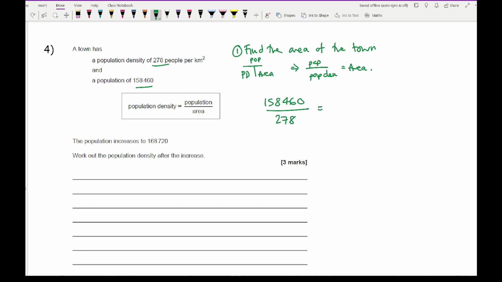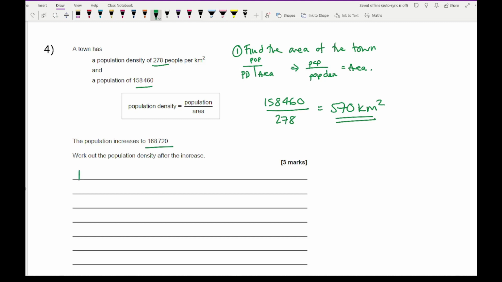If I type that into my calculator, 158,460 divided by 278, I get 570. So the area of the town is 570 kilometers squared.